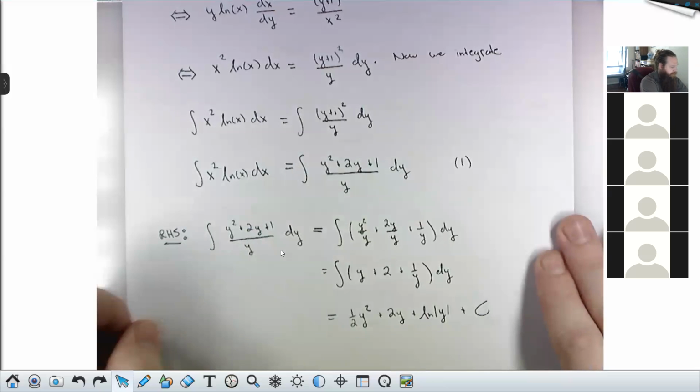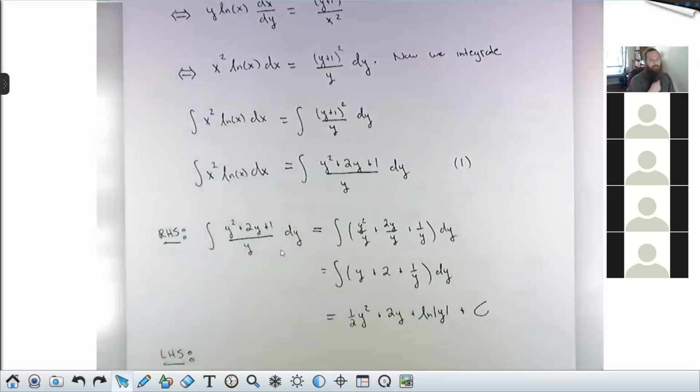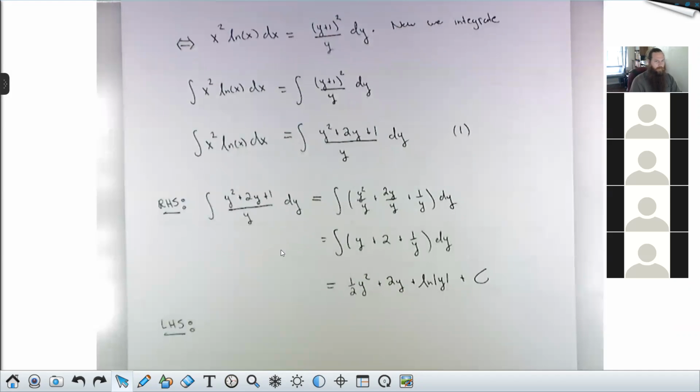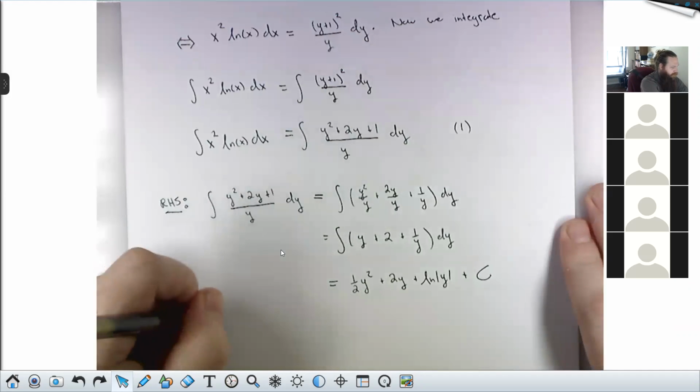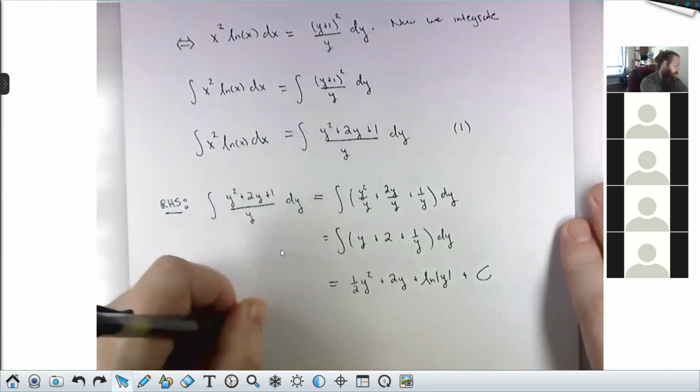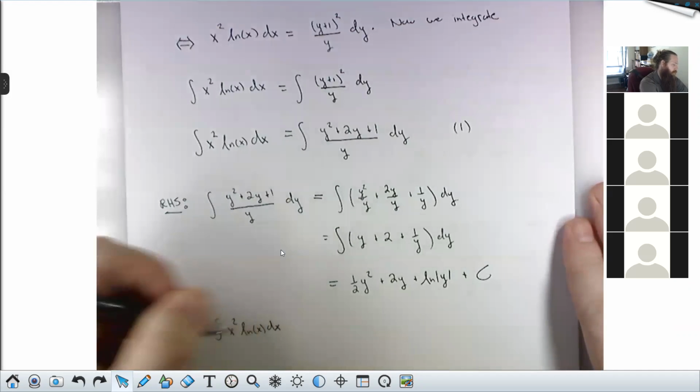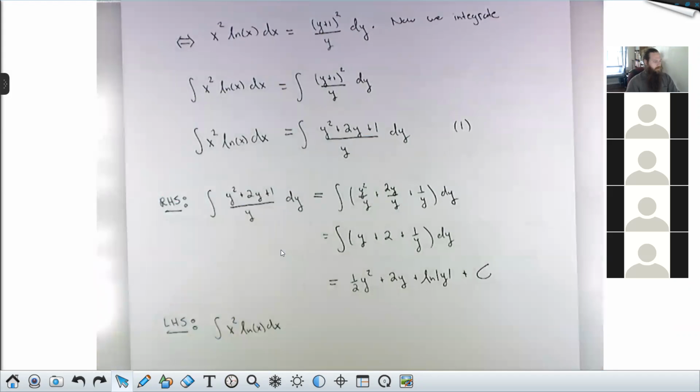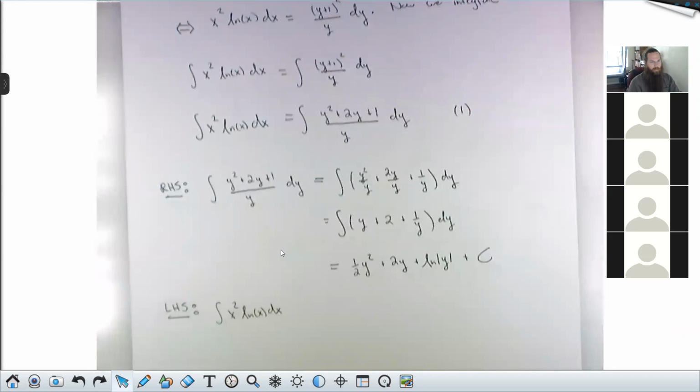For the left-hand side, I should ask, any questions about the right-hand side integral? Okay. How do I do the left-hand side integral? Integration by parts. Very good. This is a by parts problem.